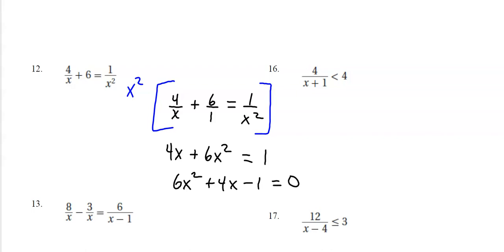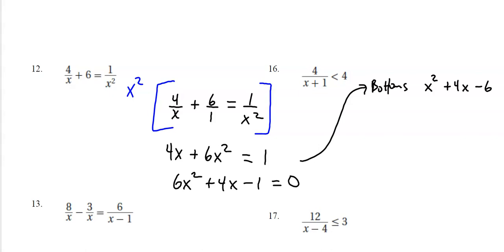I may try bottoms up here. I usually try this before I go down the quadratic road, although I might still end up having to. So bottoms up will give me x squared plus 4x minus 6.